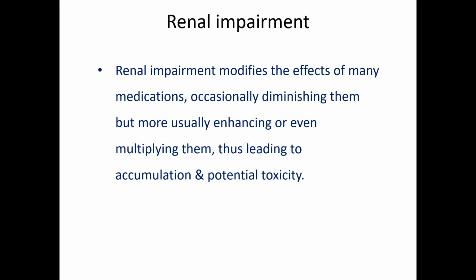Occasionally, it diminishes the effects of drugs, but in most situations, the effect of the drugs is enhanced. That is obviously understandable because there is a decrease in the excretion or elimination of the drug from the body. The drug will accumulate over time. Am I right? So in that case, the effect of the drug will be enhanced.